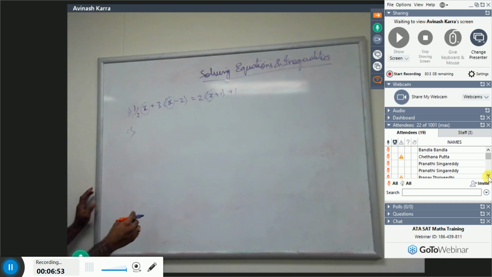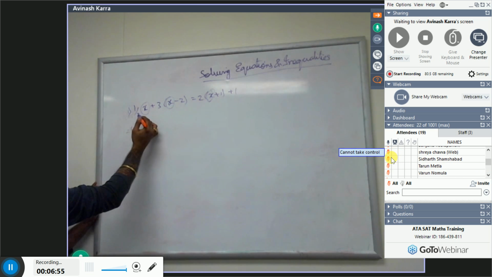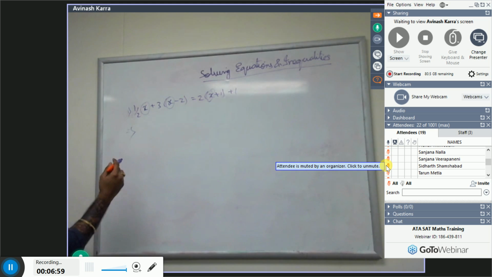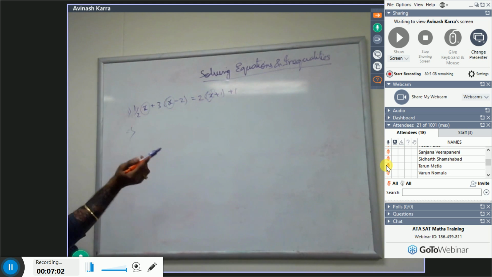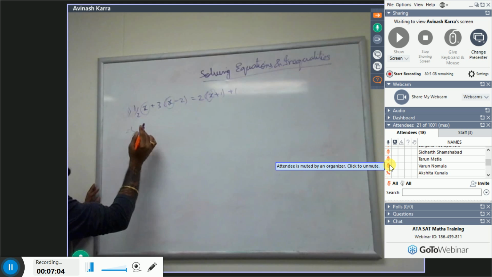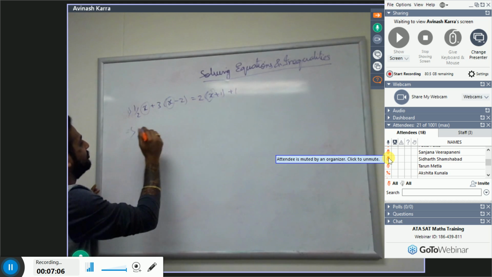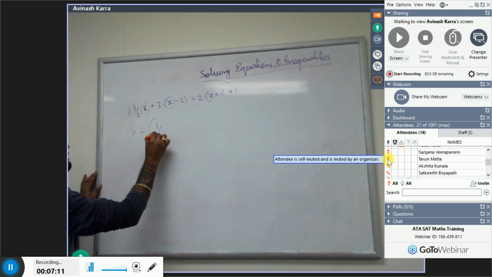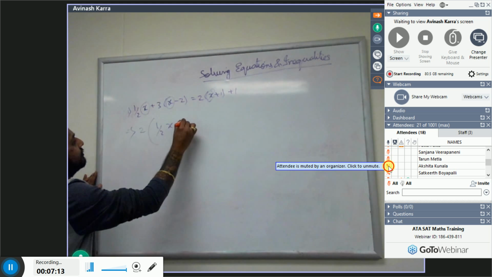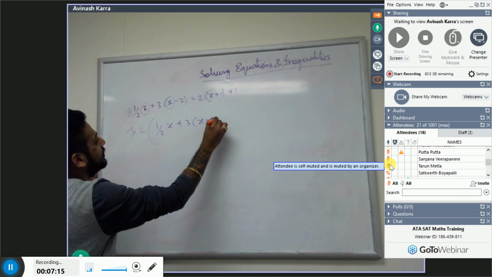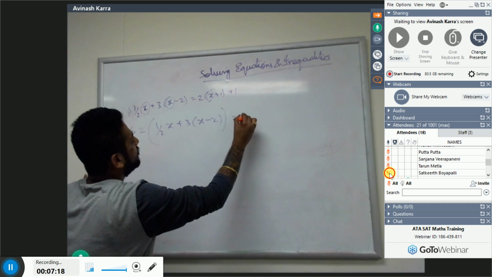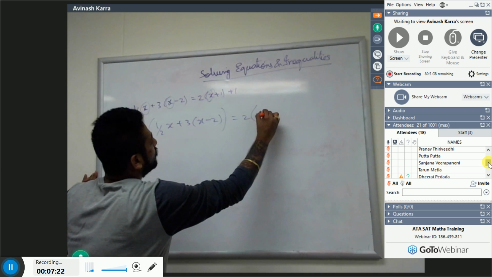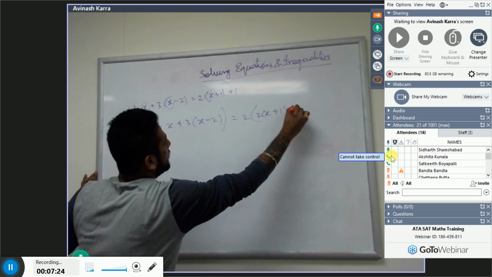Yes, sir. So to get rid of 1 by 2, what we need to do? We need to multiply 2 on both sides, on the LHS and on the RHS. So when I'm multiplying 2 on LHS, what will be the expression? 2 into 1 by 2x plus 3 into x minus 2 plus 1.